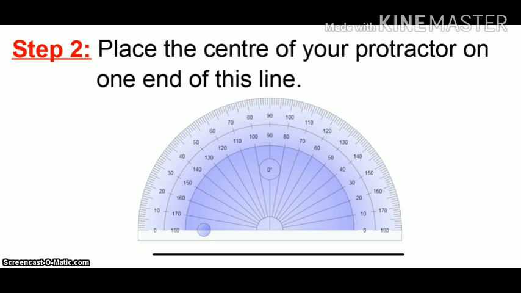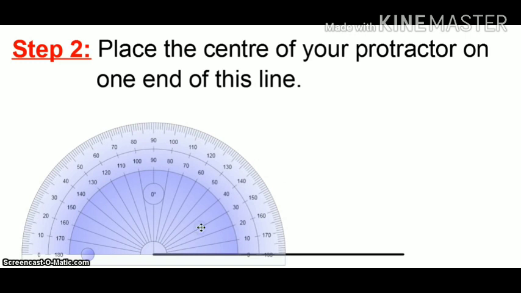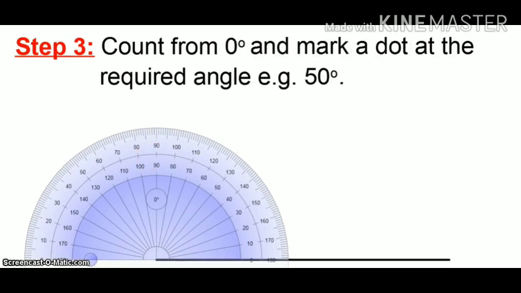Place the center of your protractor on one end of this line. So let's see how we can place the protractor. Yes, like this, and starting from 0 degrees, mark a dot at the required angle. Here 50 degrees is given.